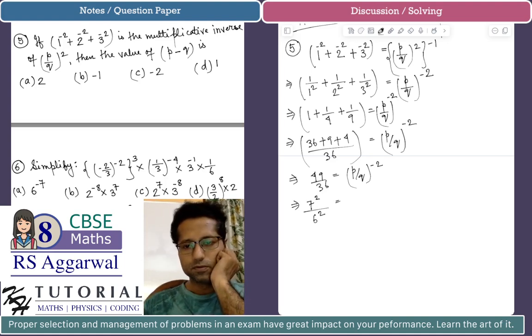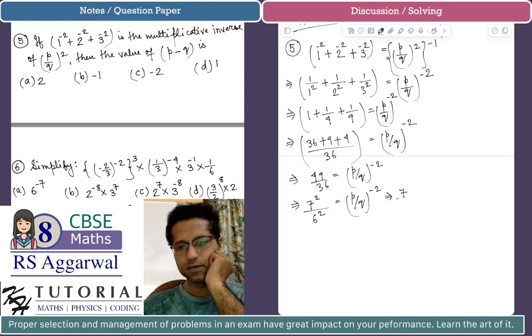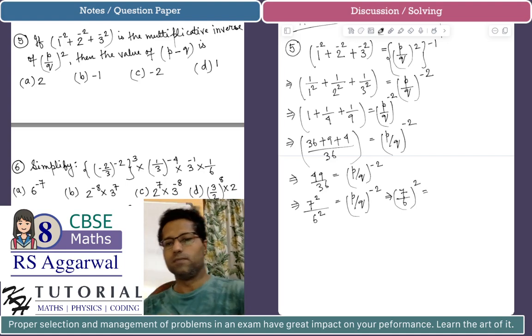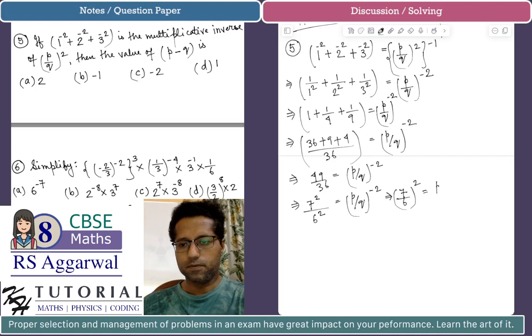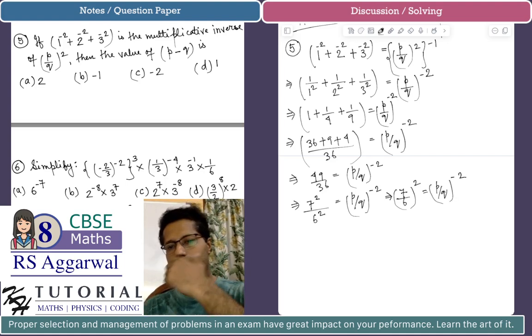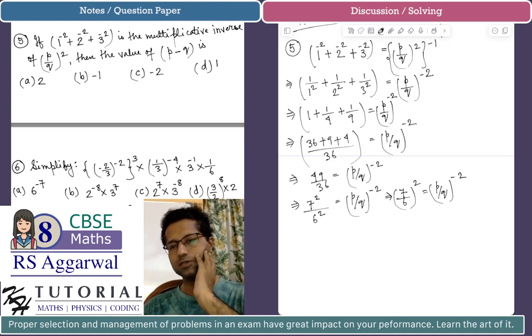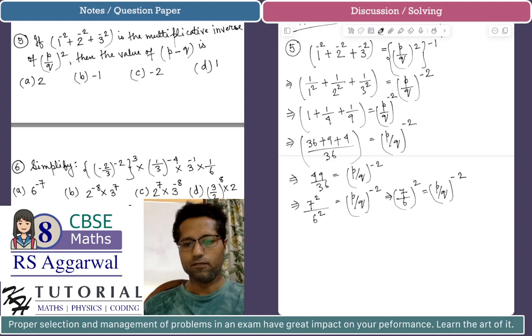So this is equal to p by q raised to the power minus 2. Now this implies 7 square by 6 square, I can write it as 7 by 6 whole raised to the power 2, equal to p by q raised to the power minus 2. Now we have to find somehow p by q. We have to make the powers the same. The unknown is in the base, so definitely somehow we have to make the powers equal.